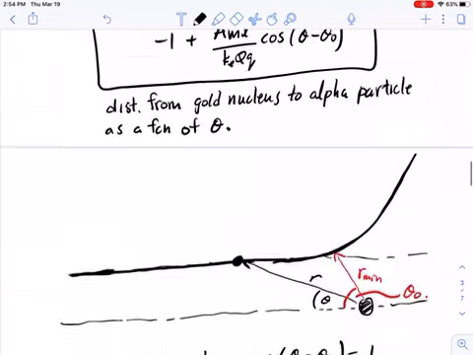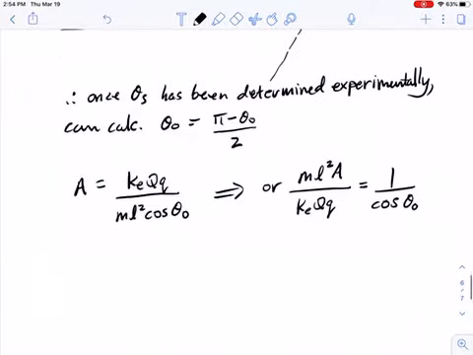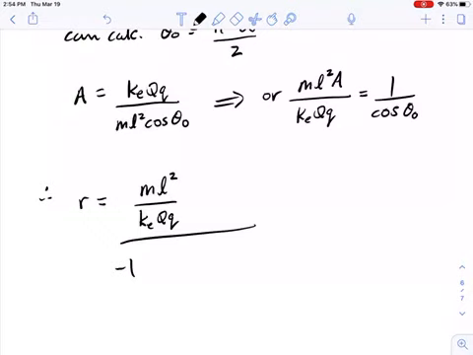So if we rewrite this expression for r, we end up with r is equal to m l squared over k q, divided by -1 plus cos(theta minus theta naught) over cos theta naught.